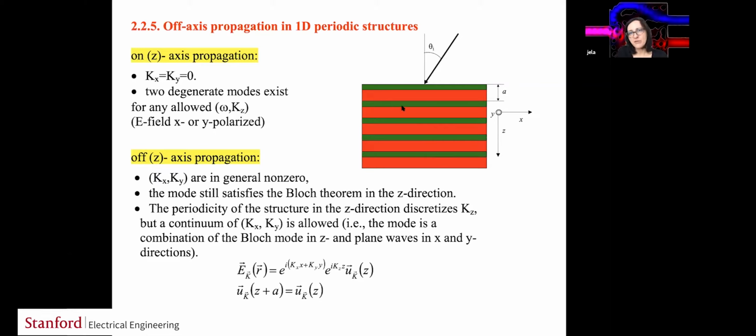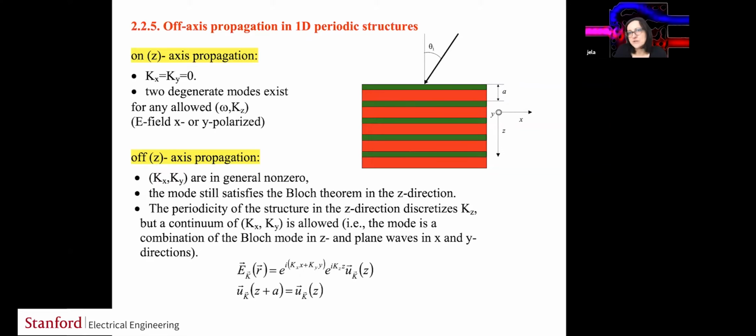But if you have off-axis propagation, the Bloch states would also potentially have plane wave components in the x and y direction. So that would be u of z times e to the i k z z, and then you also have a plane wave in the xy plane, which may have some k vector kx and k vector ky. In the xy plane, which is the plane of each of the layers of the mirrors, there is no periodicity of the structure.